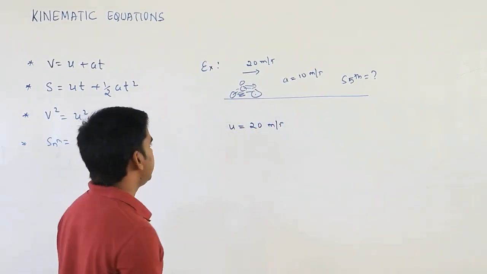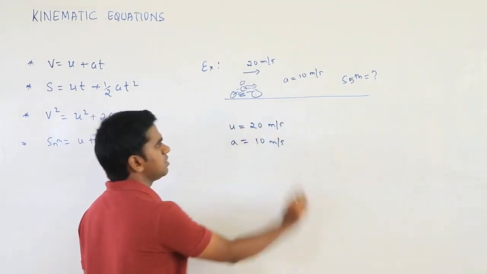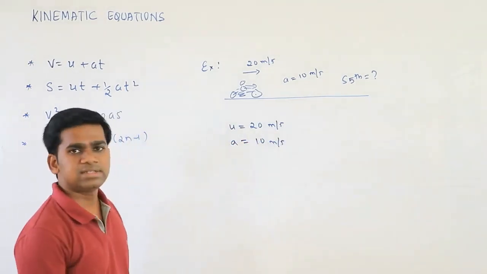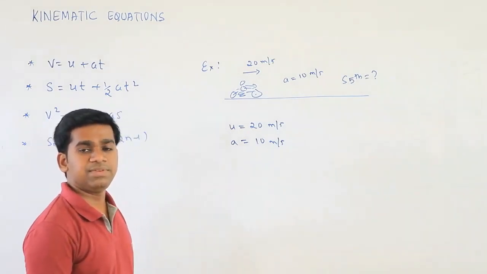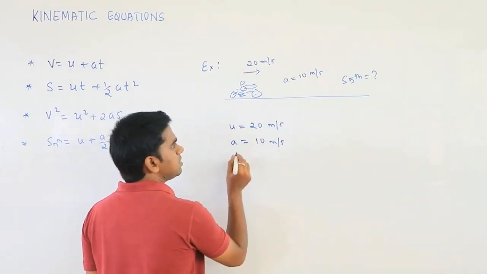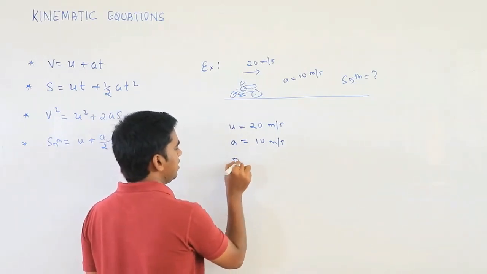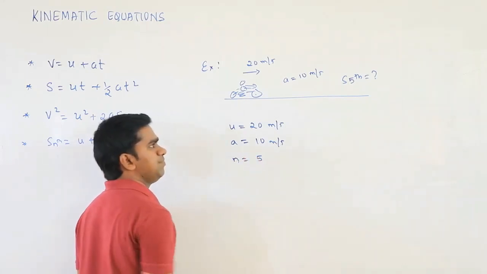Acceleration is 10 meters per second squared. Then what are they asking? Distance travelled in the fifth second, that is n equals to 5.